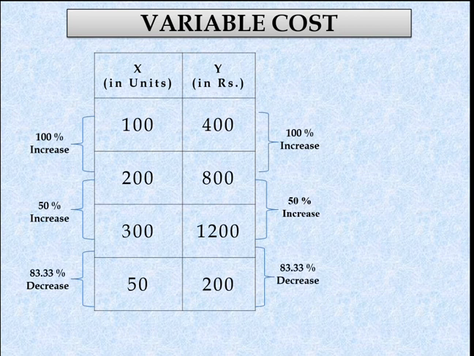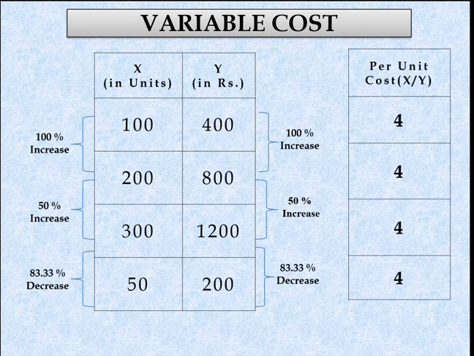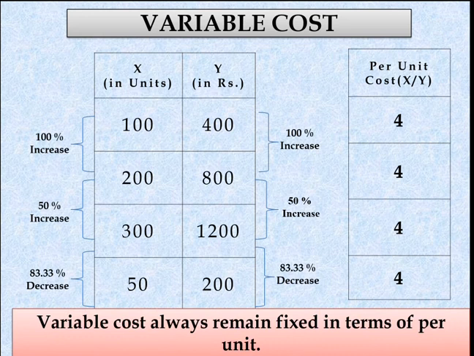So one thing we can understand here, variable cost is a kind of cost which changes in direct proportion to change in the level of production. If production increases, cost automatically increases. If production comes down, in exactly the same proportional way the cost also comes down. One of the basic features of variable cost is that variable cost per unit always remains fixed.